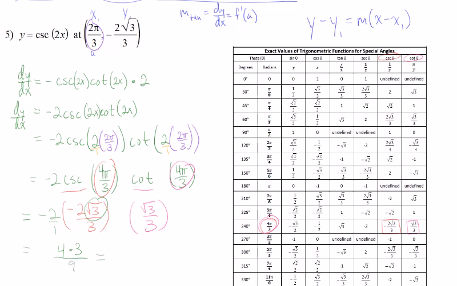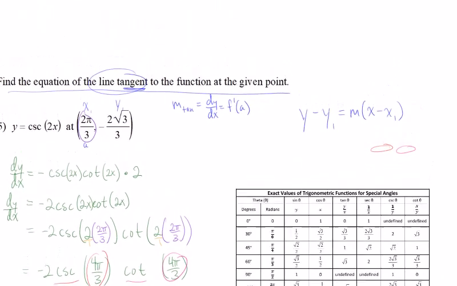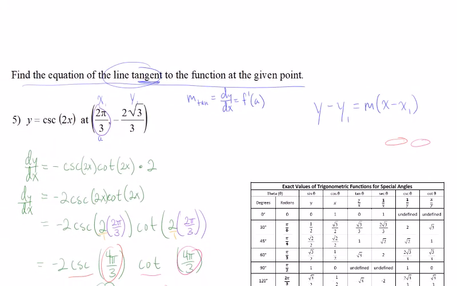So I end up with 12 over 9, which reduces to 4 over 3. That's the slope of our tangent line, or the derivative, y prime at 2 pi over 3, because that's what we plugged in.